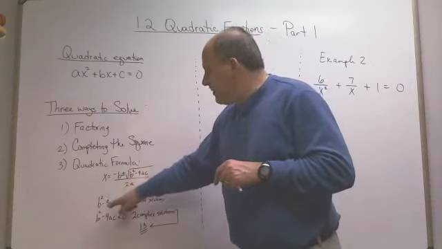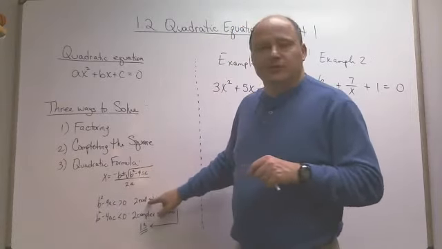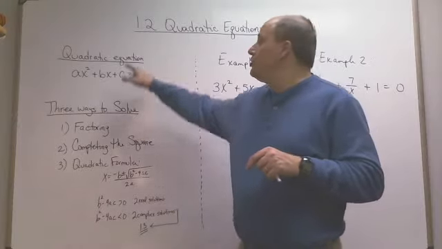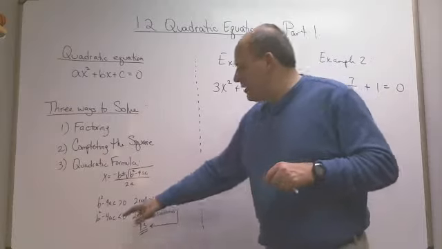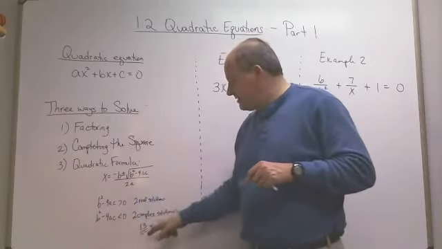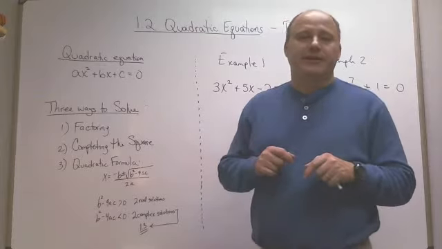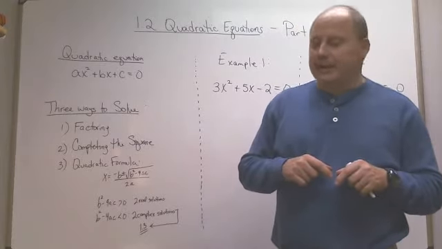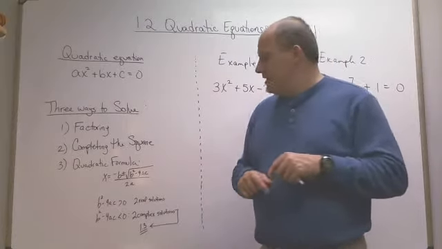Now, if b squared minus 4ac is positive, there are going to be two real solutions. For the most part, 1.2 questions are going to be that situation. When b squared minus 4ac is less than 0, there are going to be two complex solutions, and that's 1.3 type questions, which we'll talk about in my next series.